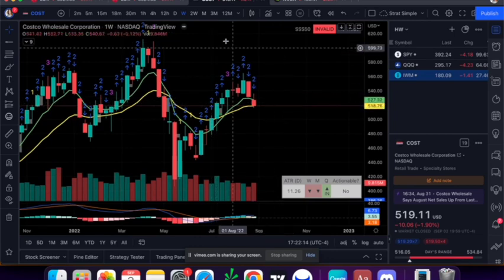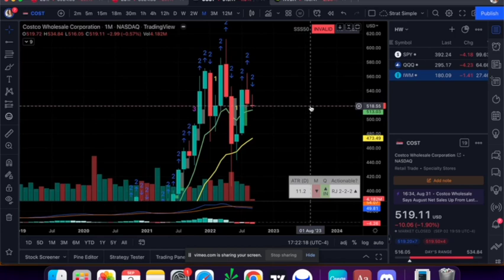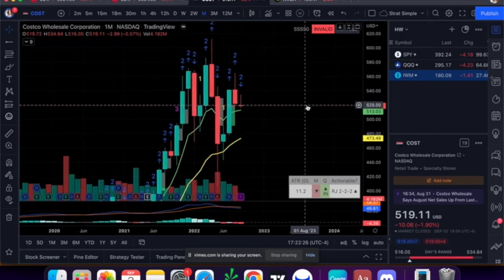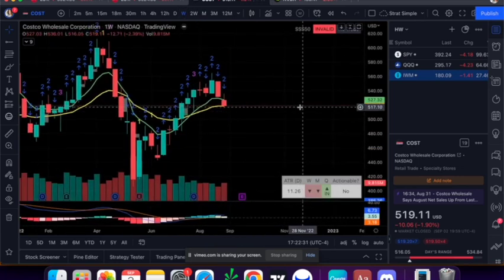I did want to also speak about COST. We're already in it, but you know, it has triggered the monthly two up, two down. So, this could work out for a swing. I am thinking that, for instance, how I would play this is it hits the 508. We're pretty sure that we're going to have people taking their profits because it's hit that target.